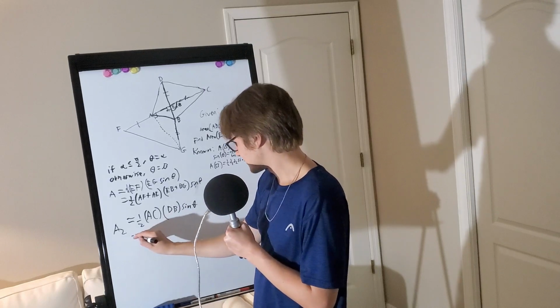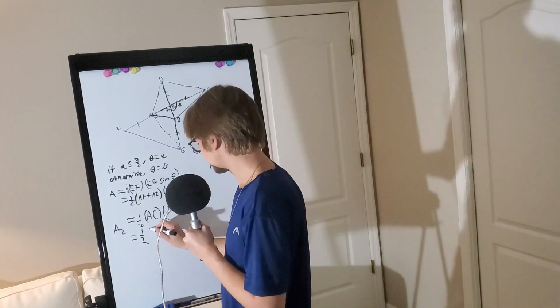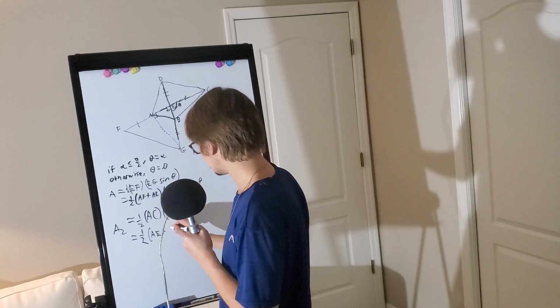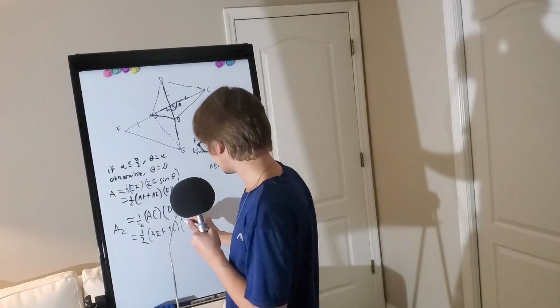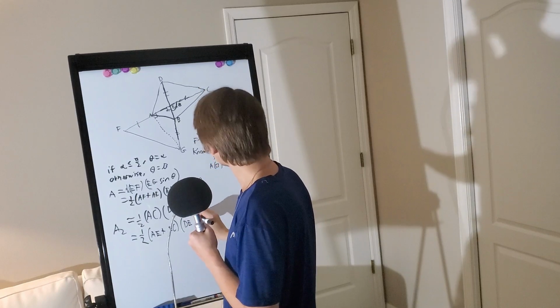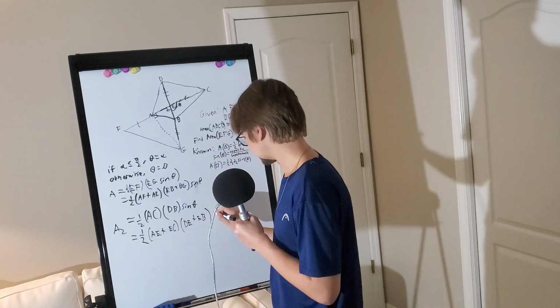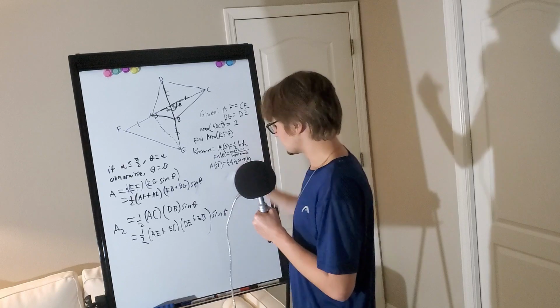And then let's expand things outward. AC can be expanded out to AE plus EC. And then DB can be expanded to DE plus EB. Great. And then we have sine theta. Make our substitutions.